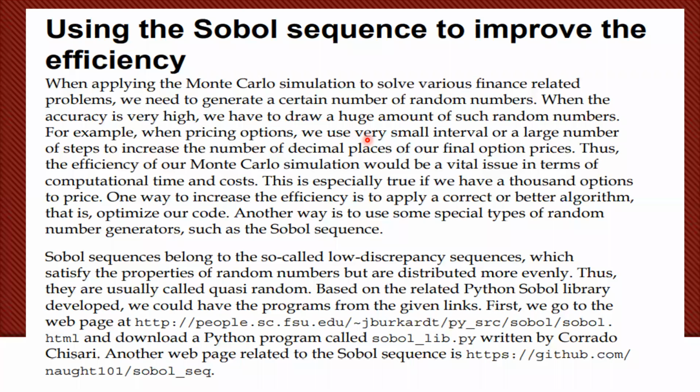We have discussed in Excel how we simulate and estimate the price. The same thing is also available in Python. The same Monte Carlo simulation is also available. The only thing is we can directly use this Sobol sequence, which is available in the Python library.